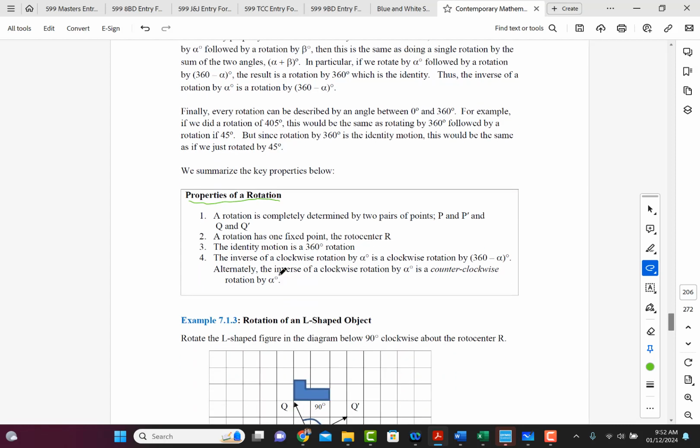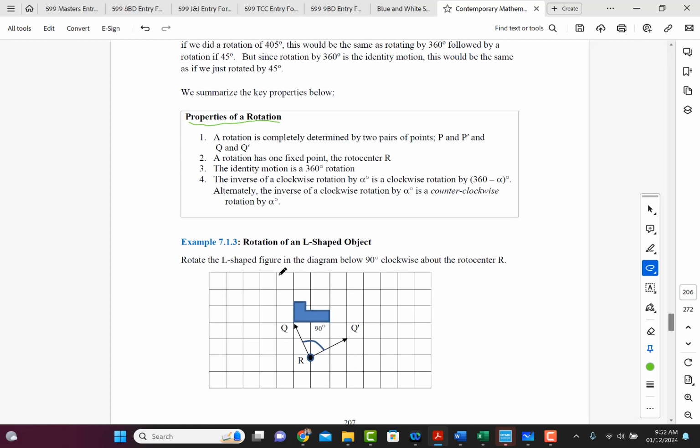Okay, so let's look at another example here. Again, we're given this rotation. So what is this telling us? Here's Q, this point here.